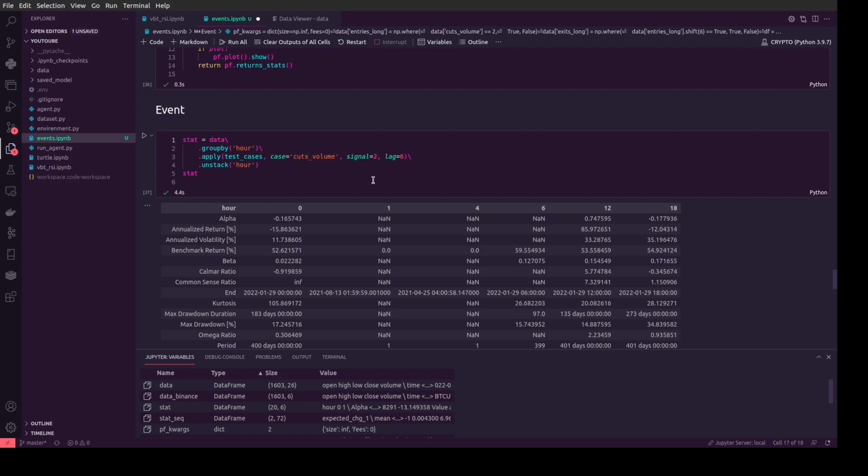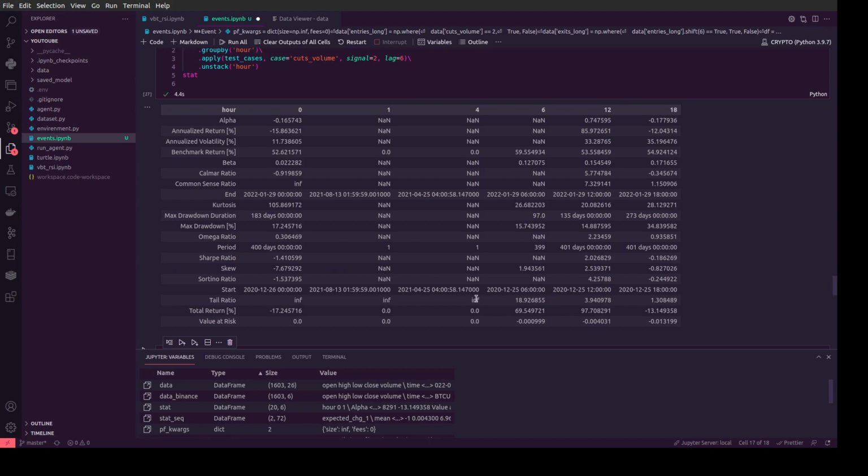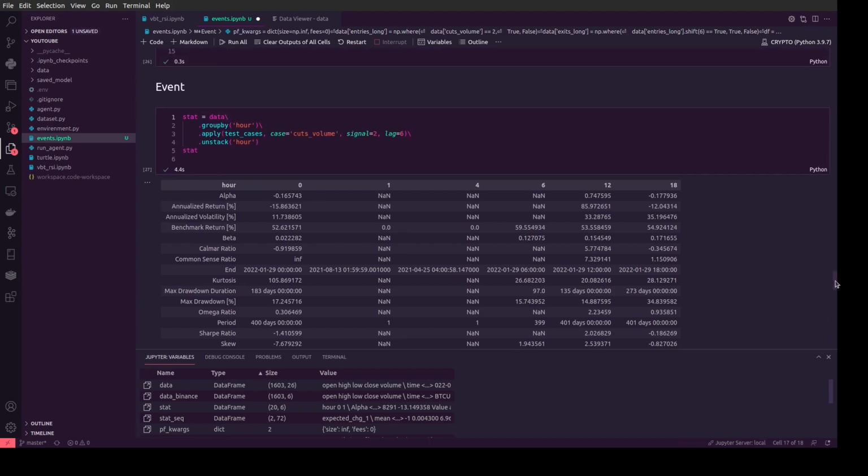I take signal 2 when quantity volume is 2, and I'm going to exit from these events after 6 bars. And you could analyze with some returns, and you see we have some negative total returns, and it means you should avoid the situation.